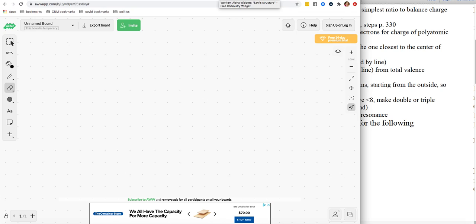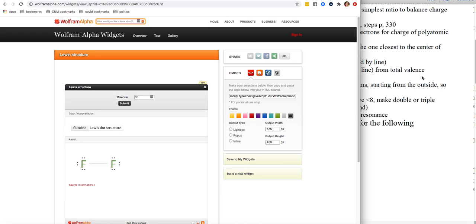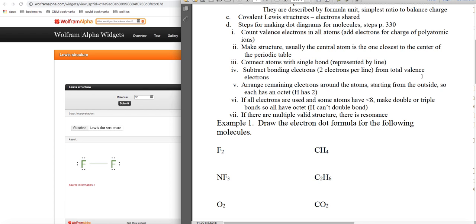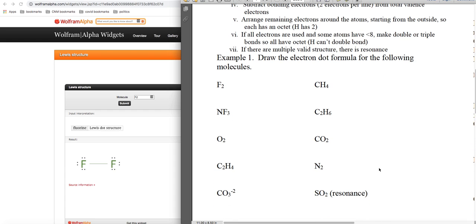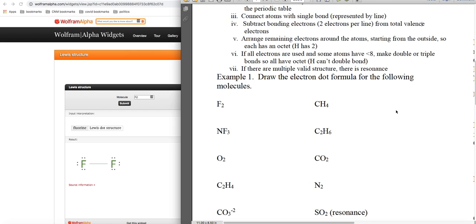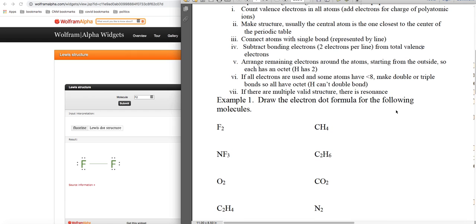So I was trying it out on the ones in this homework assignment, and it worked beautifully for all of them except for SO2, unfortunately, and I don't know why it's not working well for that one. But for the most part, it works, and it gives you a really nice Lewis structure.